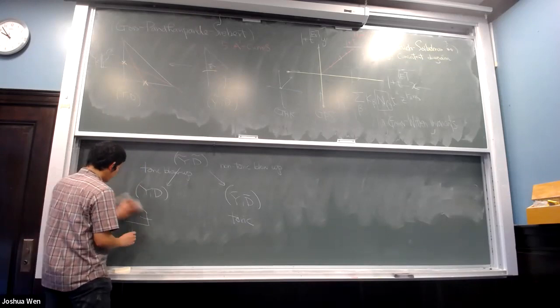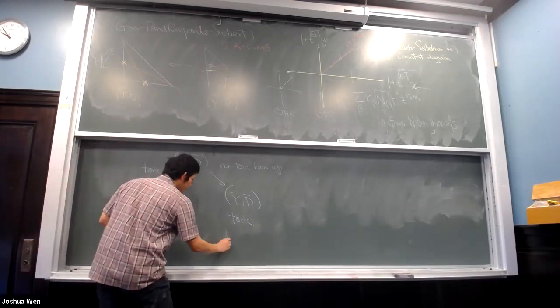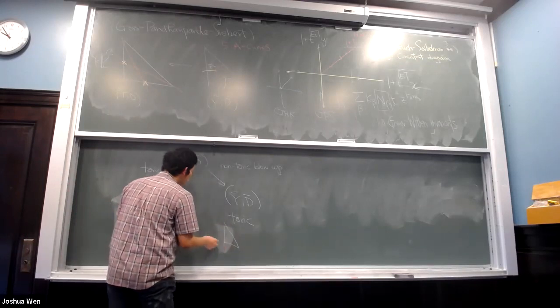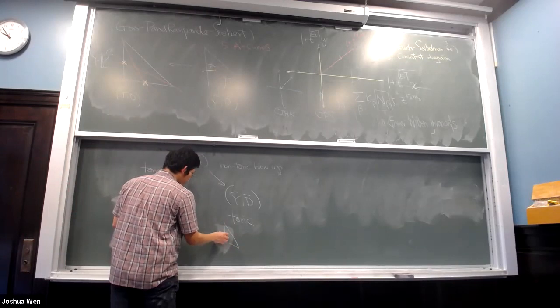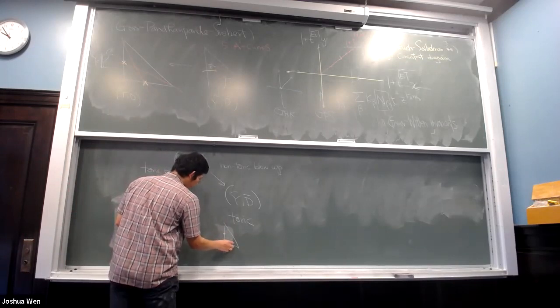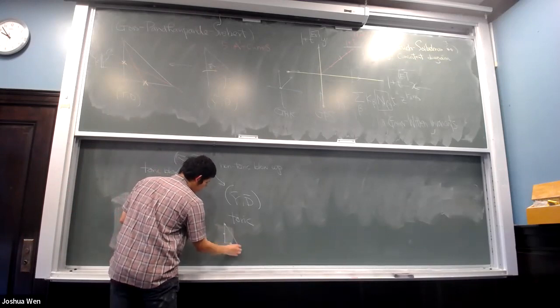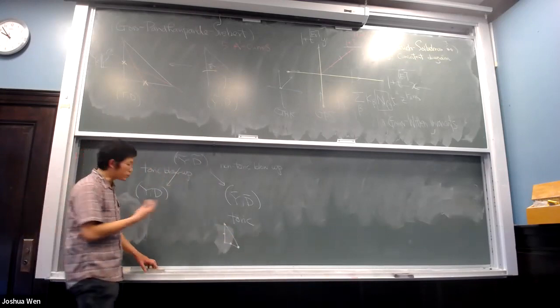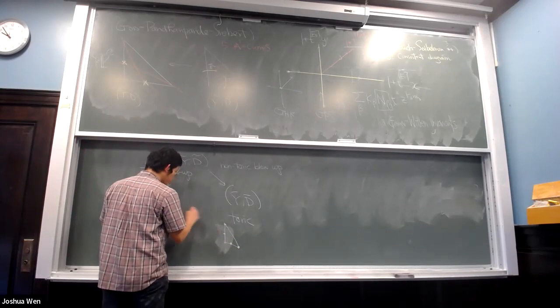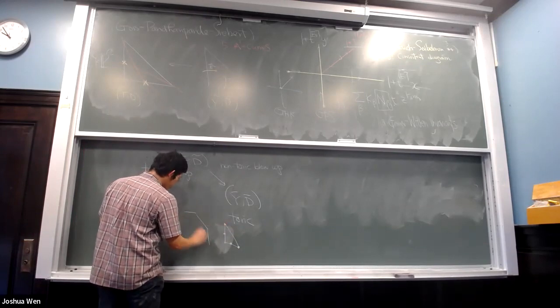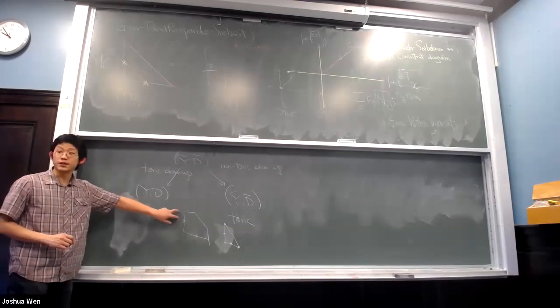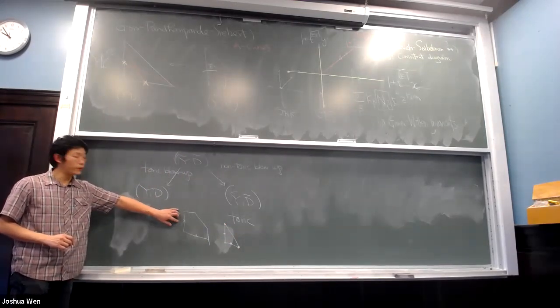I start with P2. I can draw these 4 points. The P2 blown up at 4 points, you get dP5. So I blow up these 2 corner points, so I get something like this, and then I blow up these 2 points. So this is what I have as dP5.